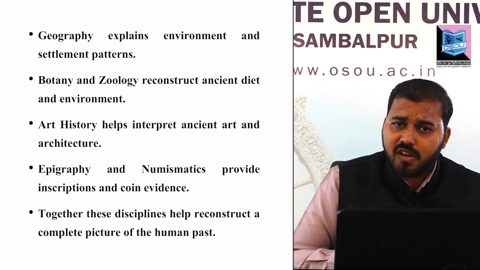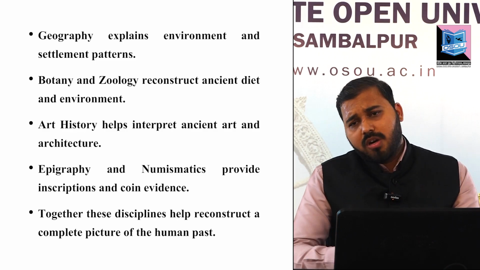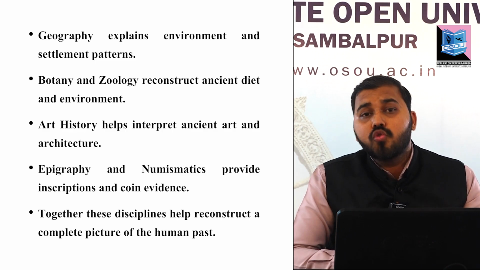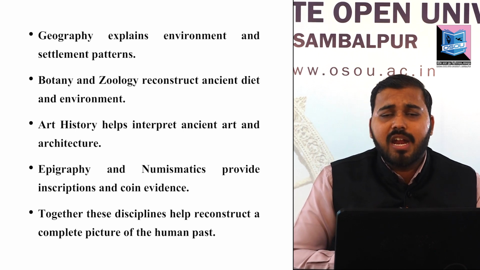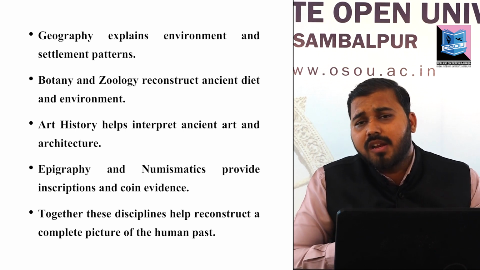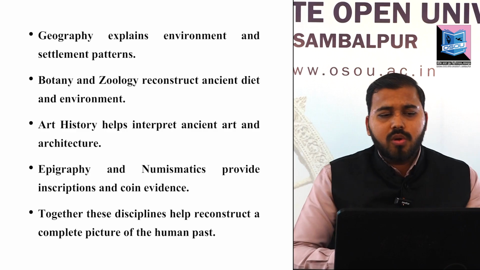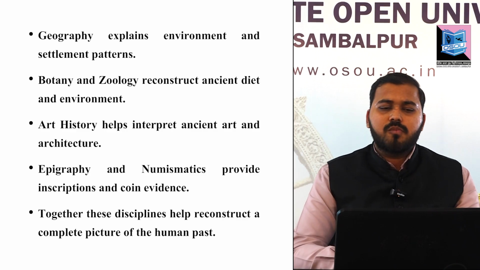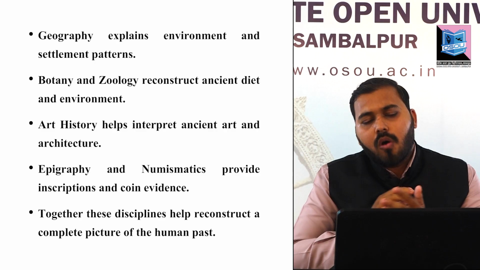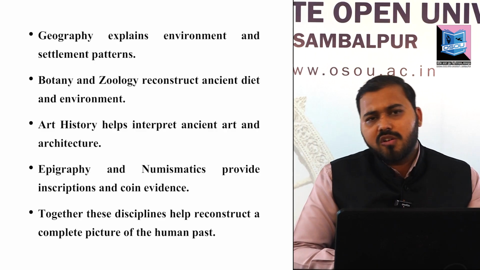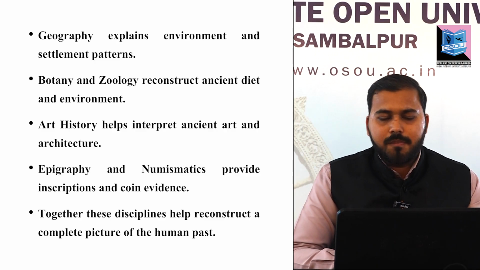It explains the environment and settlement patterns. Both zooarchaeology and archaeobotany reconstruct the ancient diet, environment and the plant remains used by the ancient people. Together, epigraphy and numismatics provide inscription and coin evidence. So overall, all these disciplines help reconstruct a complete picture of the human past.